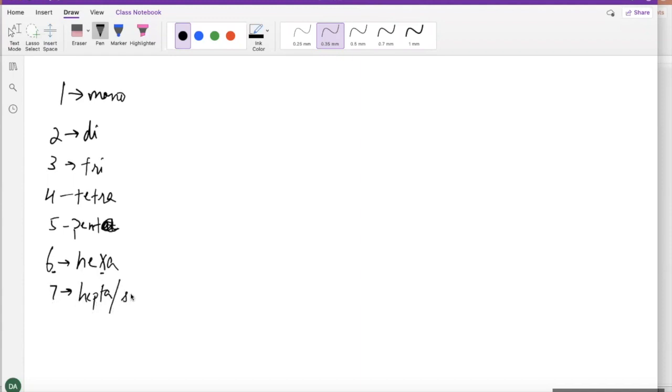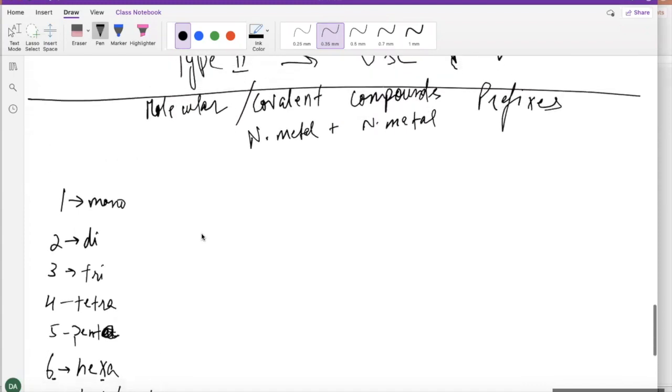Hepta is also called septa, and you must know both of these. This will also be useful later on, the 7 hepta and septa, when we learn organic nomenclature. And then guys, 8 is octa, 9 is nona, and then 10 is deca. So guys, you should know this numbering for doing the covalent compounds.